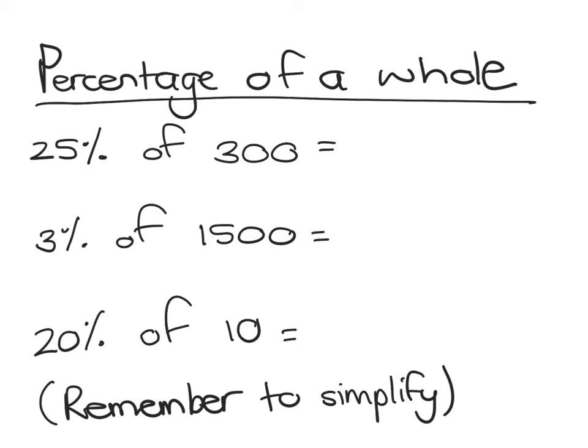Okay, when we're going to do a percentage of a whole, we're going to have to simplify our fraction if we can. So let's just quickly see. 25% of 300 means we write 25 out of 100.